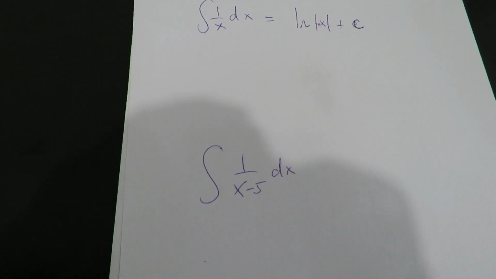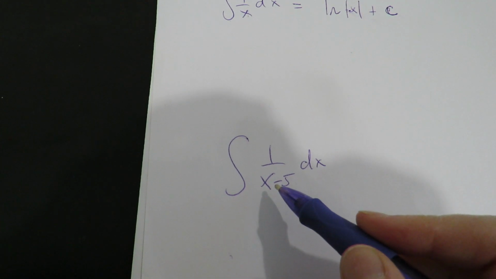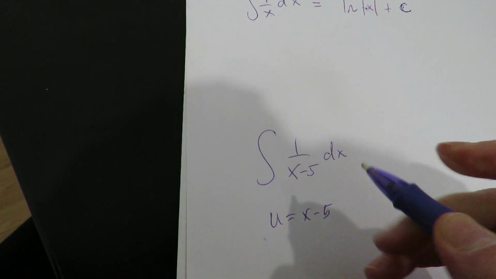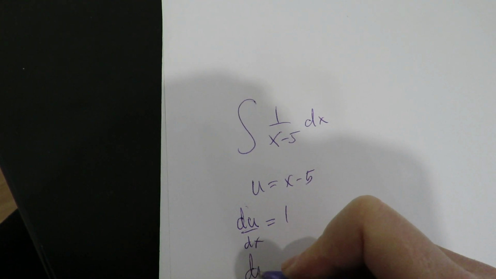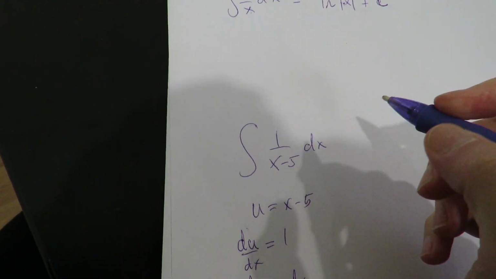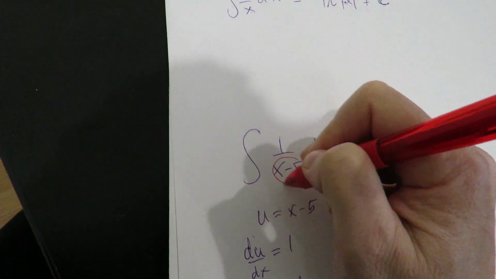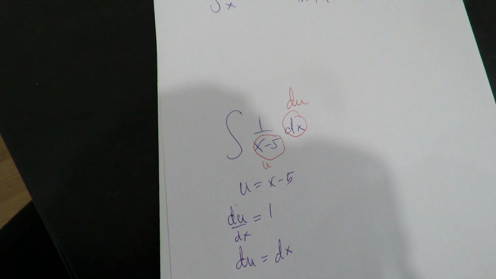All right, so this is what I want to talk about. If it's anything but an x on the bottom, it's a u sub. So for instance, this is the u. And you guys know how to do the u sub now. We've been doing it. We did it last lecture, so hopefully you've been practicing that. All right, so this part here is the u, and this is an even trade of the dx becomes a du.